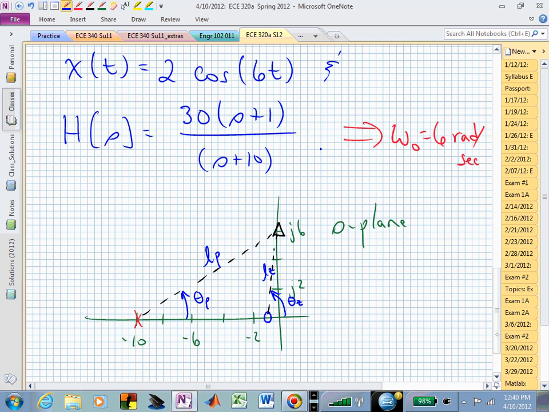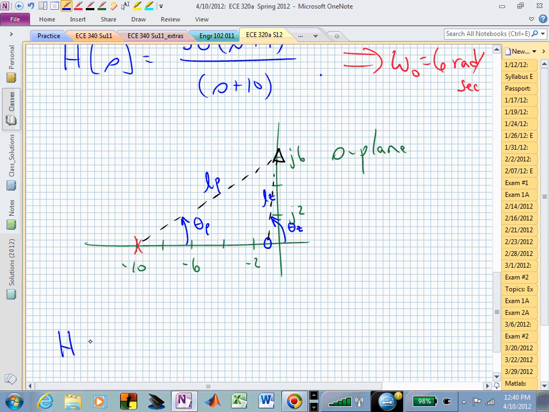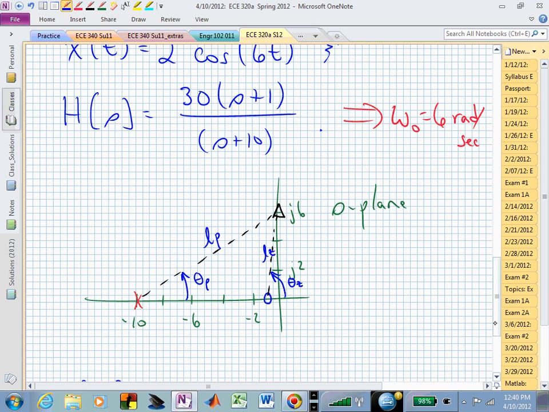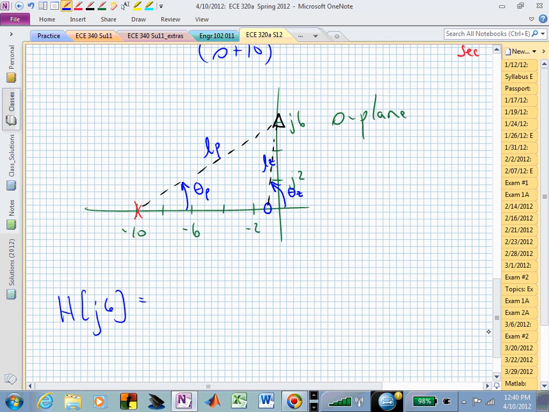What I'm looking for now is H(j6), and it's important that my transfer function be written in pole zero form, which it is. These factors are zero factors and pole factors. That is now consistent with this pole zero diagram and the computations that I'm going to do.